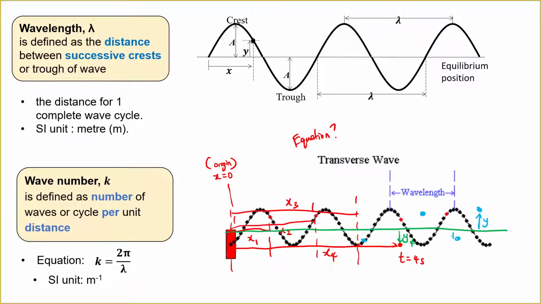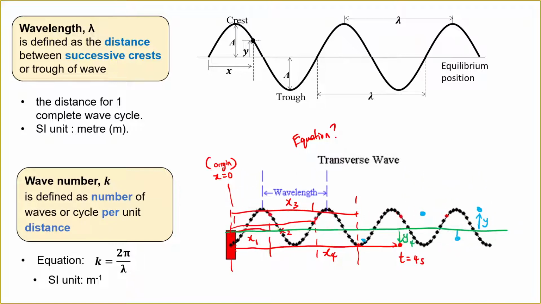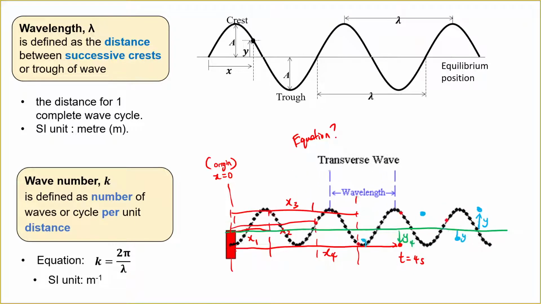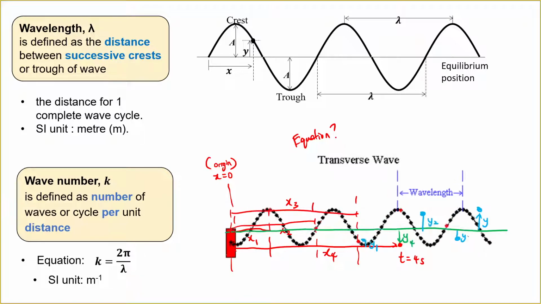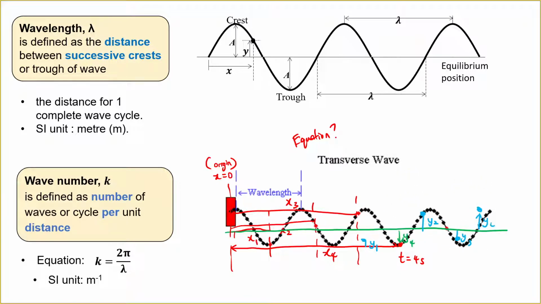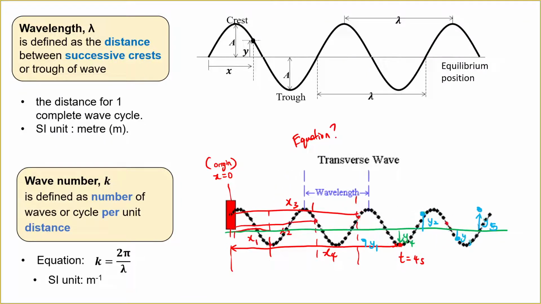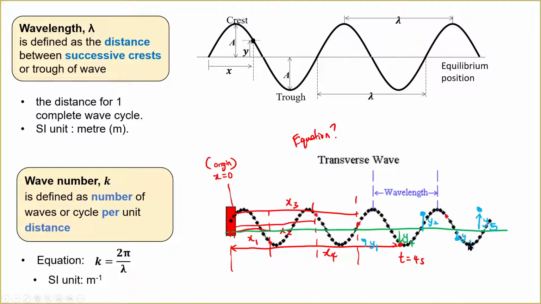Just now, this is y, maybe put this as y1. This is y2, and this is y3. We have y4, and what about this y5? Can you calculate all this displacement?